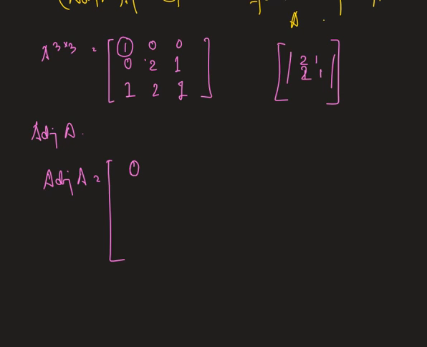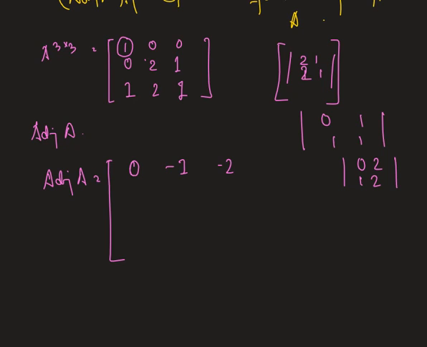Now for the next value 0, the cofactor is going to be the determinant of 0 1 1 1, and the value of this determinant is 0 minus 1, therefore the value will be minus 1. Now for this value, that is 0, we have the determinant of 0 2 1 2, and it is going to be minus 2.